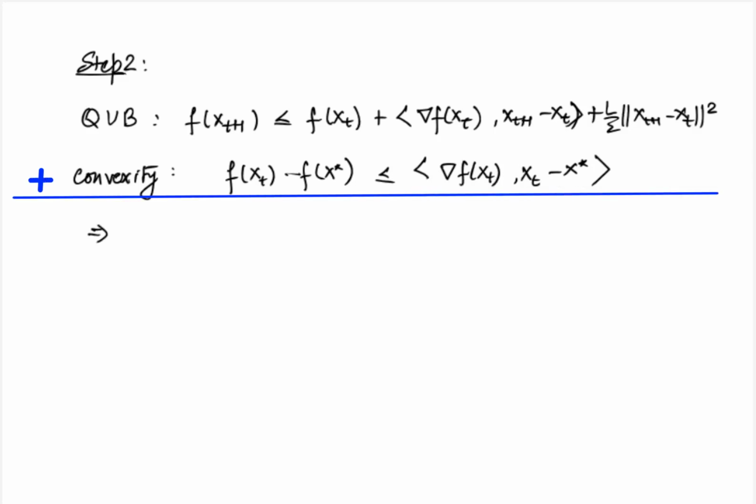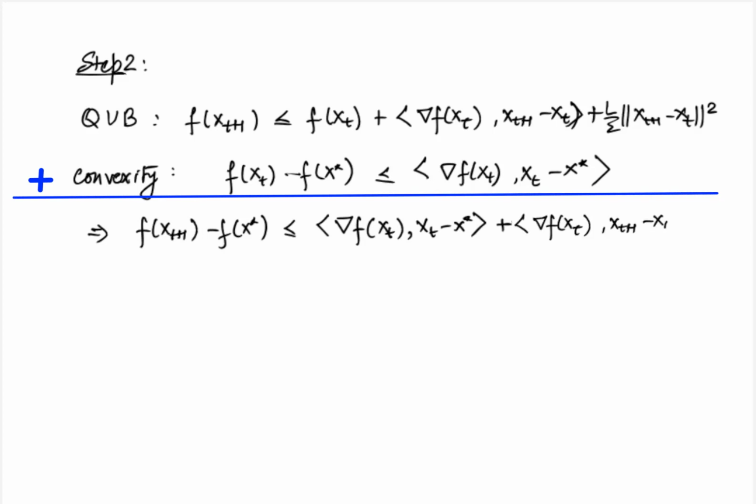And adding these two together, we get f of xt plus 1 minus f of x star is less than or equal to inner product gradient f of xt with xt minus x star plus inner product gradient f of xt with xt plus 1 minus xt plus eta square L by 2 norm square of g eta of xt.